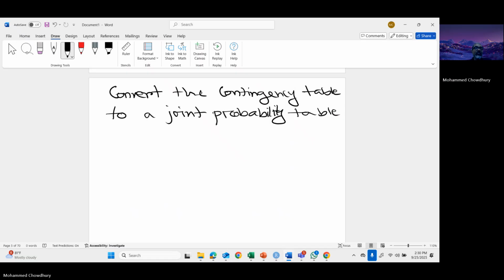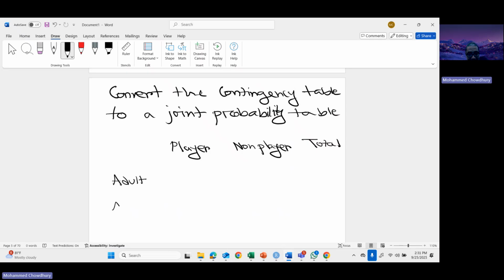So what did we have here? We had player, non-player, and here is total. Here I had adult, and here I had minor.